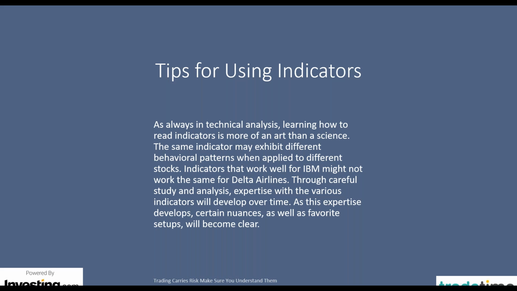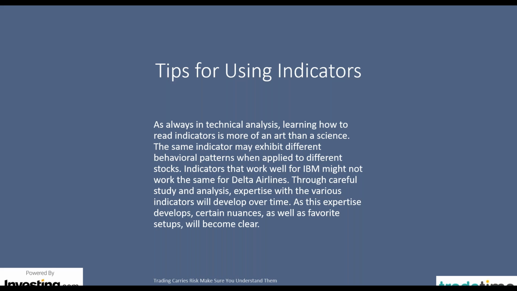The same indicator may exhibit different behavioral patterns when applied to different assets. Indicators that may work well for IBM might not work well for Delta Airlines or Google. So you shouldn't just be randomly picking assets and then randomly dropping indicators on there. You might find that stochastic works extremely well for euro crosses, or maybe just for gold, where oil works better with CCI or oil works better with RSI. And you have to see. For instance, we talked about RSI being above 70 and below 30.